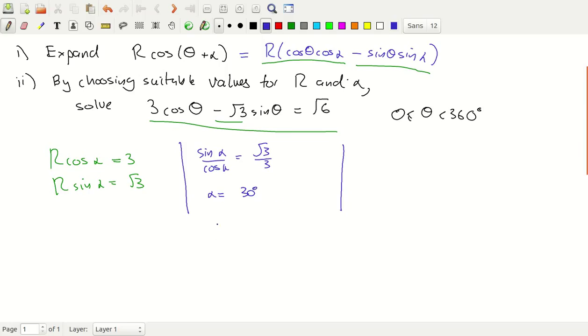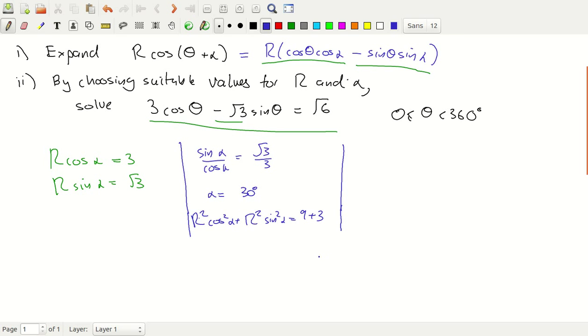And how do you find r? Well, you could substitute back in your value for alpha, but there's a slicker way, which is to square both equations and add them together. r squared cos squared alpha plus r squared sine squared alpha equals 9 plus 3.